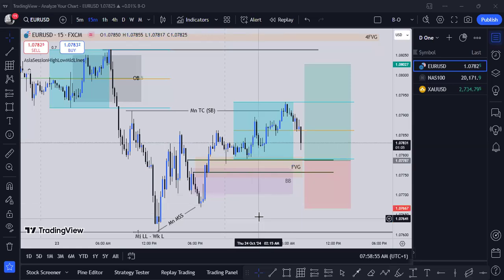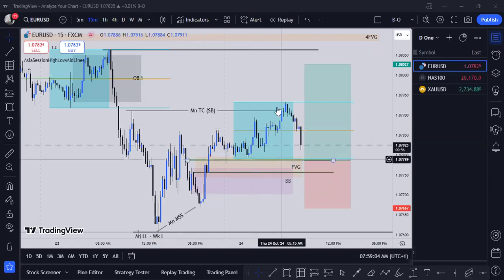So we can pick a trade from there and wait to see what will happen in the market. Don't forget, this is Asia range, and we can expect the market to just take a liquidity below the Asian range. And we have this little something here that can send price up.